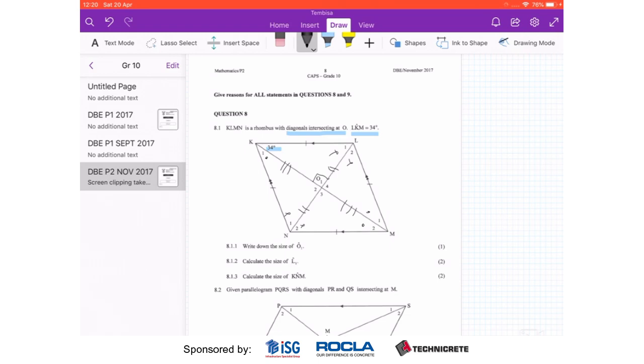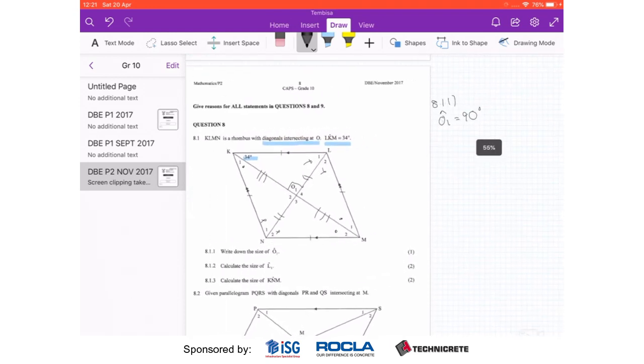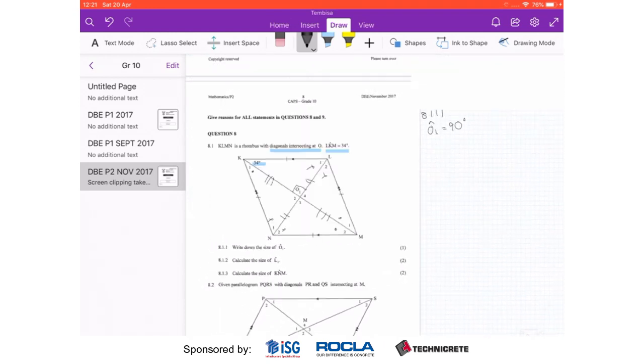Okay, if you filled in what you have already learned and what you should already know, the questions will be so easy. So the first one says write down the size of O1. We already know that. O1 is equal to 90 degrees. Make sure, because we're doing geometry now, you have reasons, okay? And at the top it emphasizes, give reasons for all your statements.